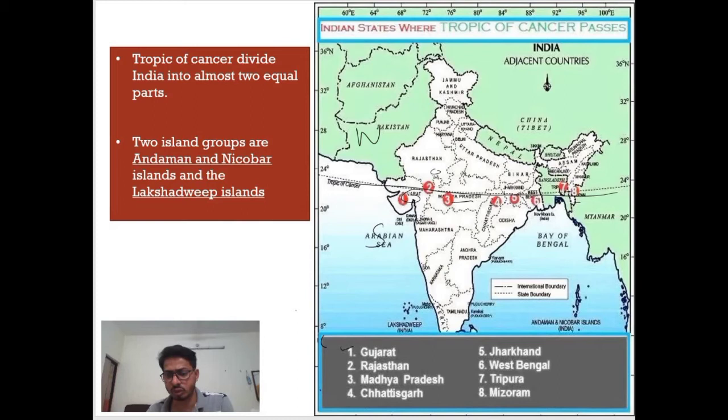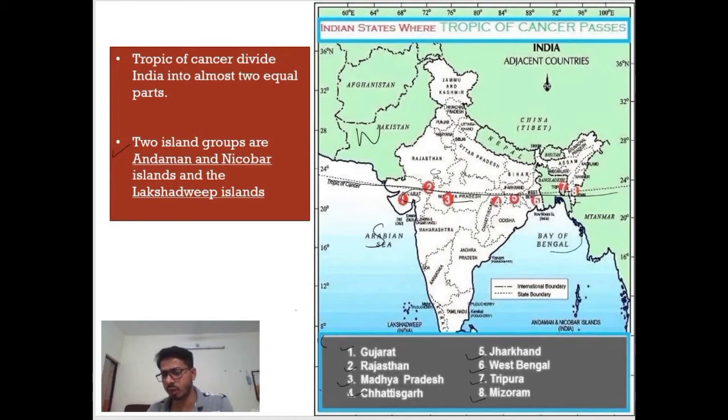Downside, you see Gujarat, Rajasthan, Madhya Pradesh, Chhattisgarh, Jharkhand, West Bengal, Tripura and Mizoram. Here they have marked them also. Wait for one minute, I will give you one trick to remember these names. Next point we have to cover is two island groups, Andaman and Nicobar Islands and Lakshadweep.